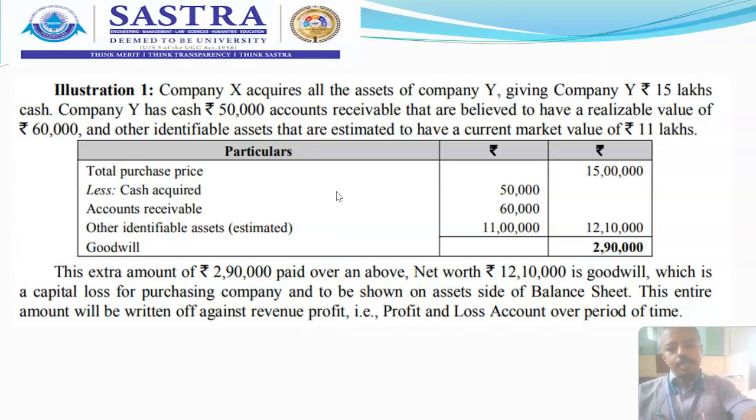Company Y has a cash of rupees 50,000, accounts receivable that are believed to be realized at rupees 60,000, and other identifiable assets that are estimated to have a current market value of rupees 11 lakhs. Keep that in mind.